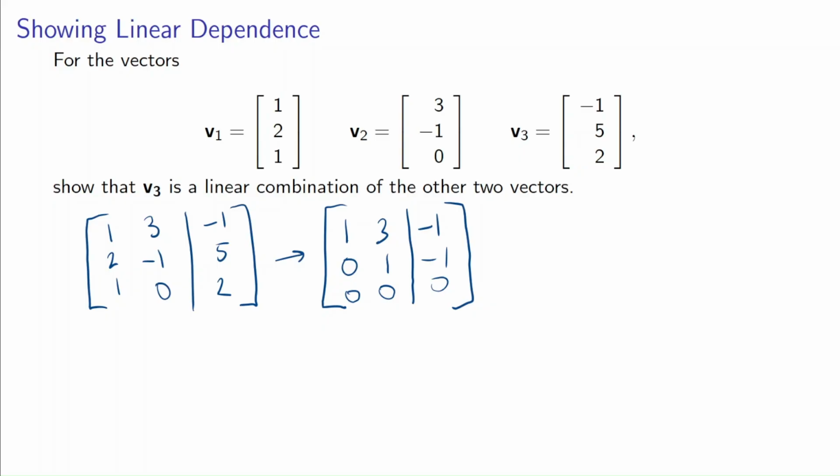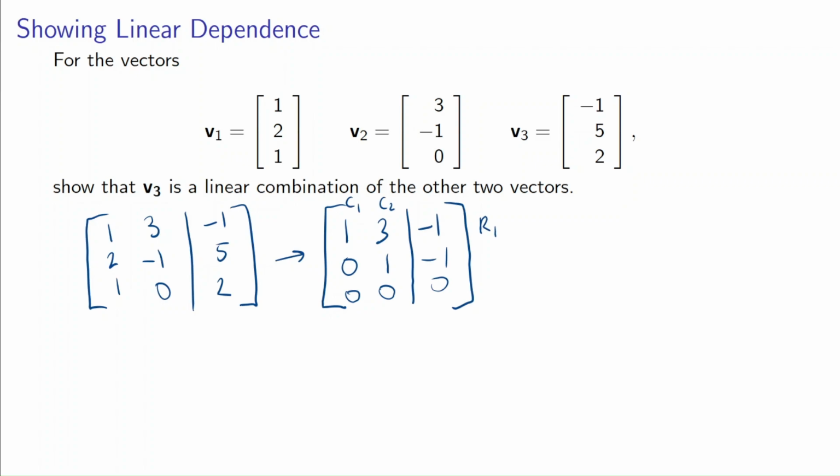And so what this tells us is that if we call the coefficients here C1 and C2, this matrix does show us that we have a solution. We might want to actually do one more step of our reduction because we're not in reduced echelon form yet. So let's go ahead and do that.